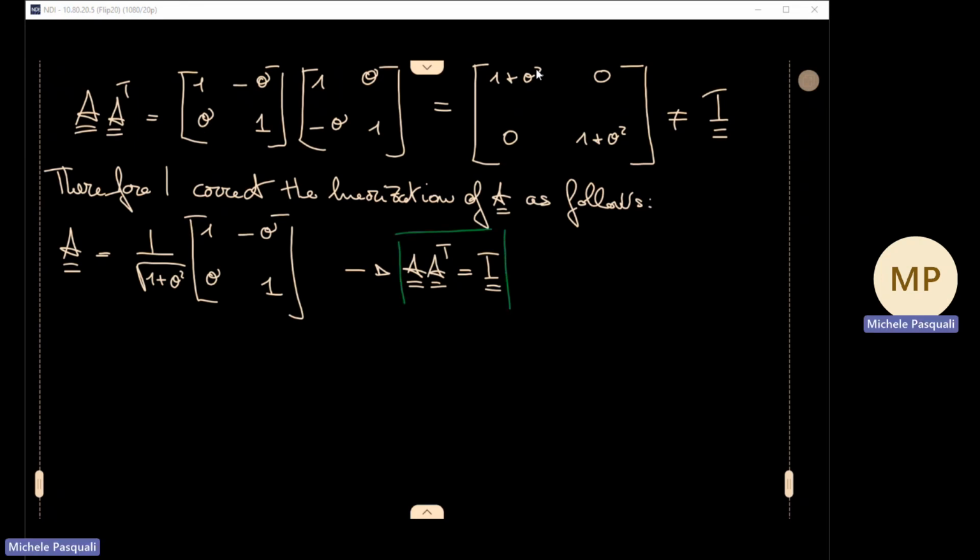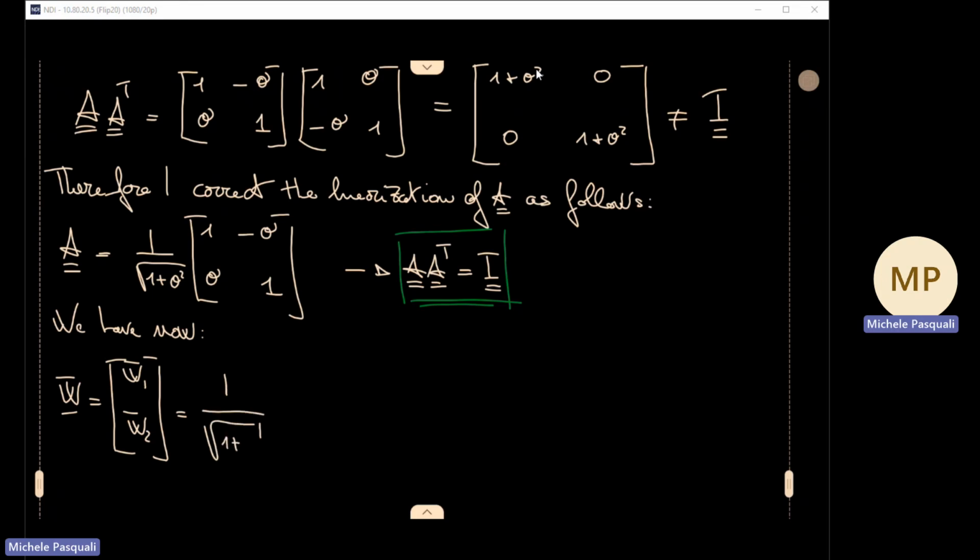Now let's actually finally determine W. So we have now the W, which again has two components, W1 overbar and W2 overbar, are 1 over the square root of 1 plus theta squared applied over 1 minus theta, theta and 1.